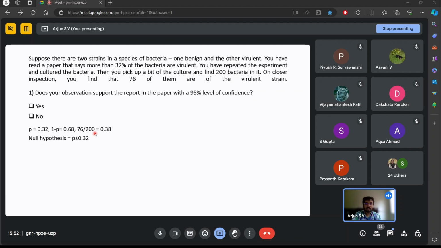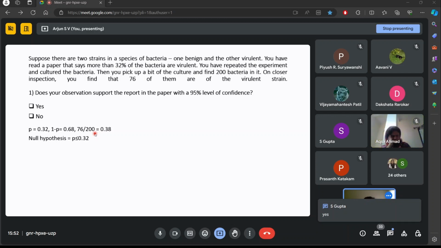Now you frame a null hypothesis that p is less than or equal to 0.32. If you are able to reject your null hypothesis, you can accept an alternate hypothesis that p is greater than 0.32.